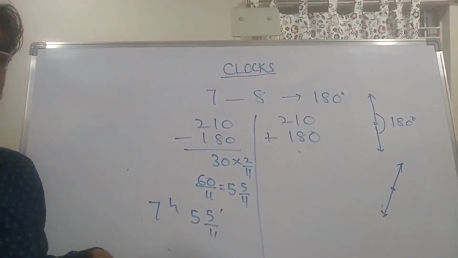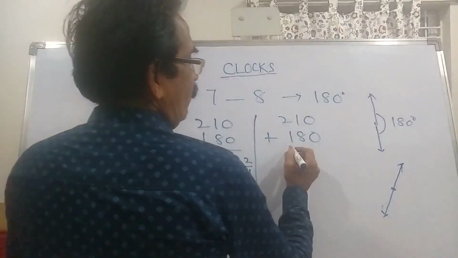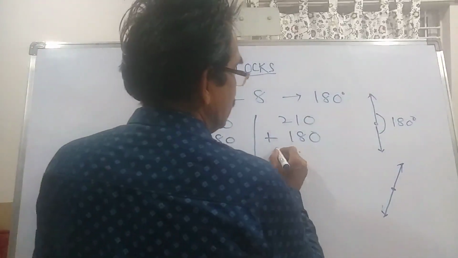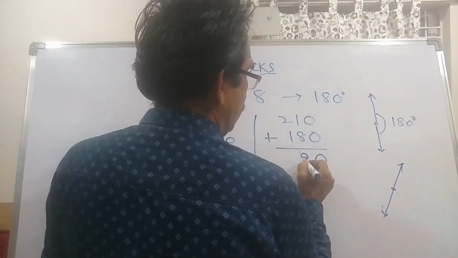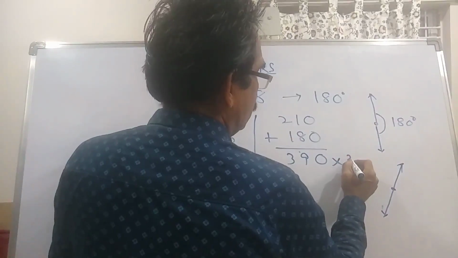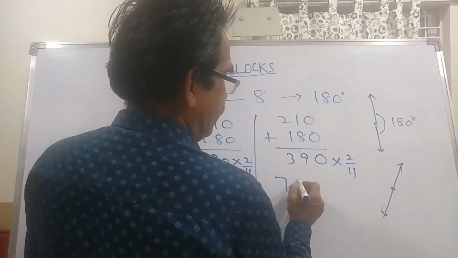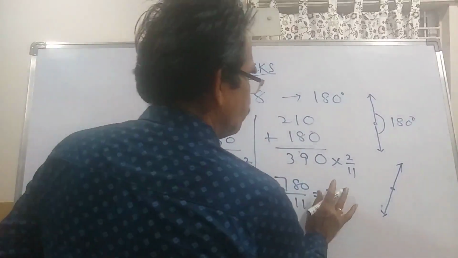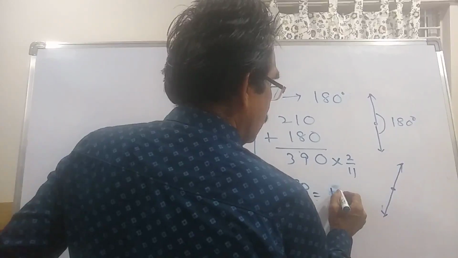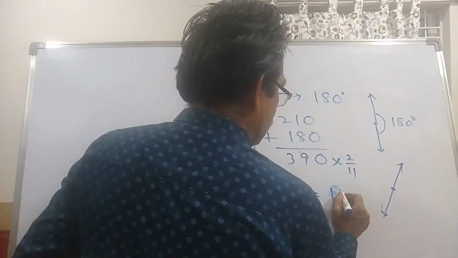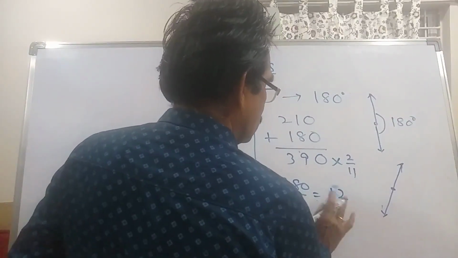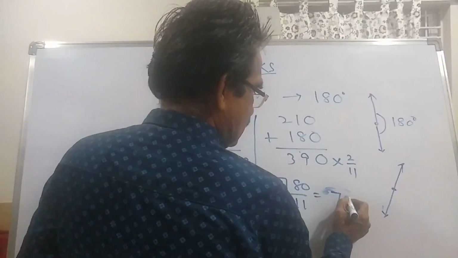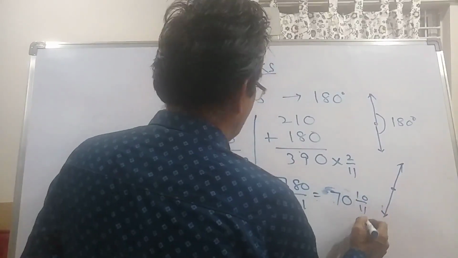Let us consider the other time. We have to add. So let us see what happens if we add. 210 plus 180 is 390, into 2 by 11, 780 by 11. 780 by 11 means 11 sevens are 77, so 70 10 by 11.